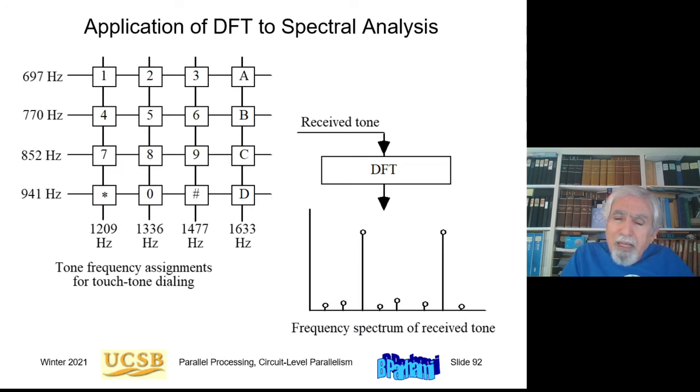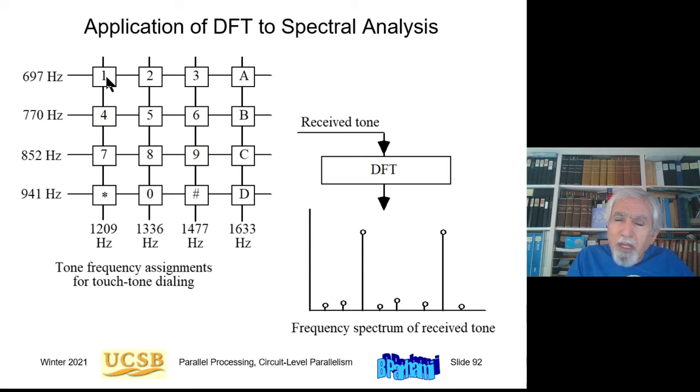A third example: this is touch-tone dialing. Now, of course, it's ancient. We don't use it anymore. In touch-tone dialing, there's a keyboard. In this case, not just the numbers, it's a hex keyboard. And whenever you press a key, the sound generated is a combination of two frequencies.